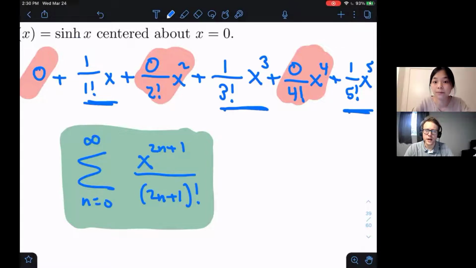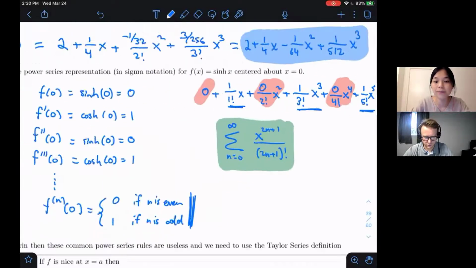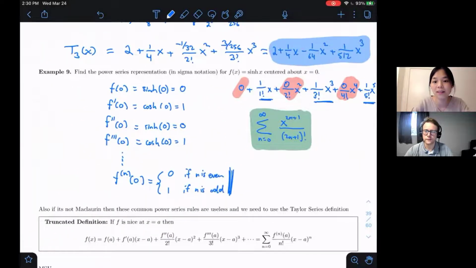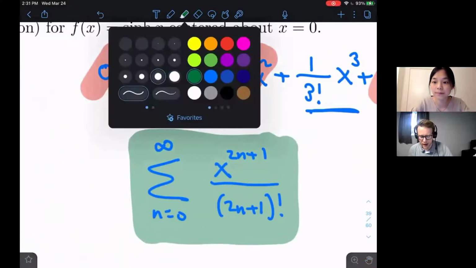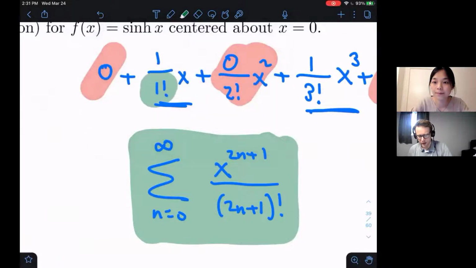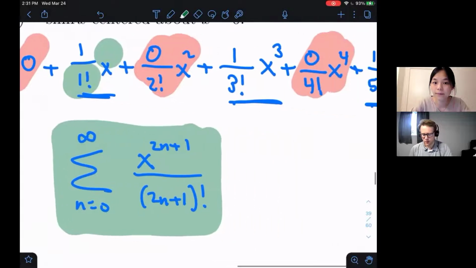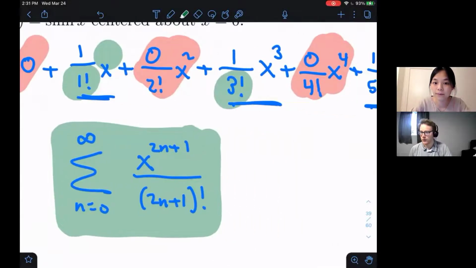Any questions in the Q&A, Yuan? Why is it over 2n plus 1 factorial, not n factorial? Yeah, so we wanted to make sure that we only had odd factorials down here. Likewise, our power of x needs to be odd. So notice that this is not 2 factorial, it's 3 factorial.